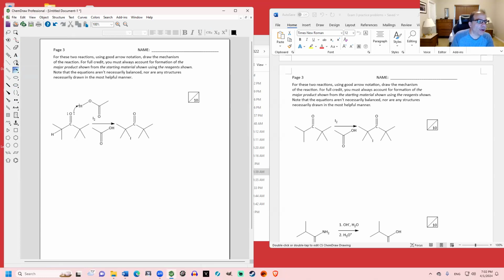Remember, we protonate the carbonyl oxygen first in acidic medium. Alkaline medium, probably first step is nucleophilic attack on the carbonyl carbon. But acidic medium, probably the first step is protonating the carbonyl oxygen.